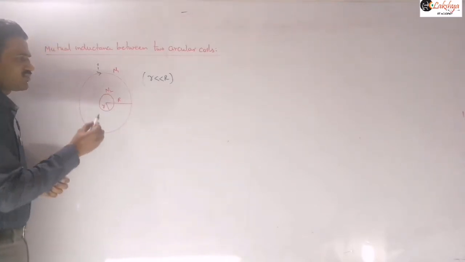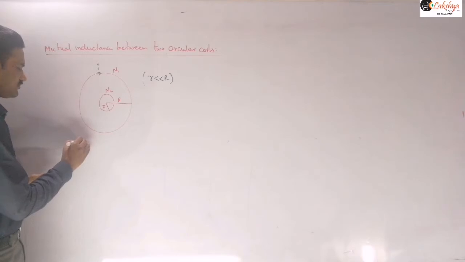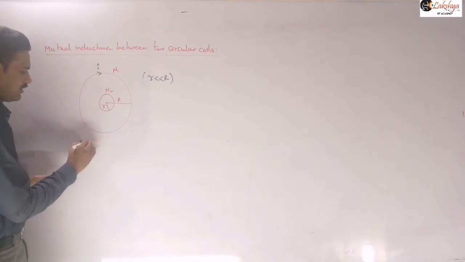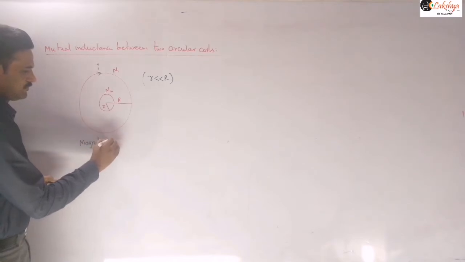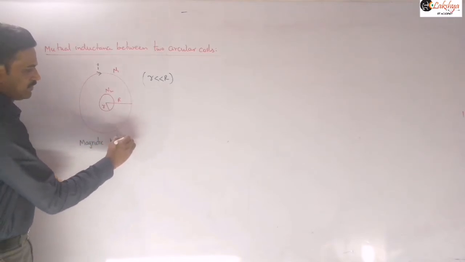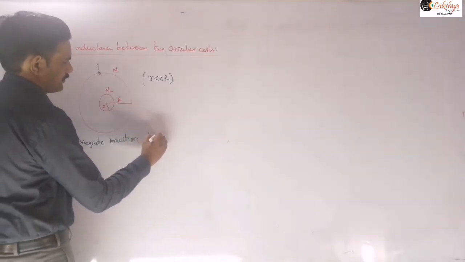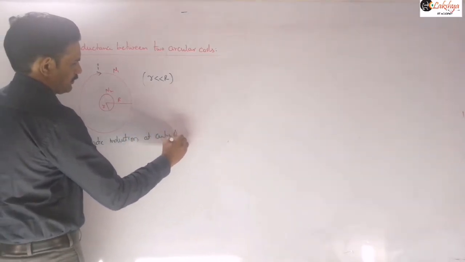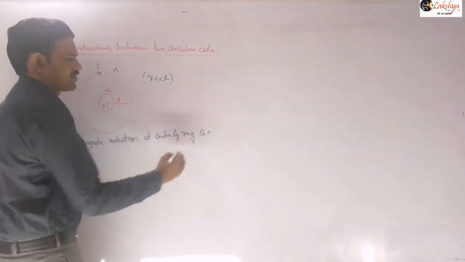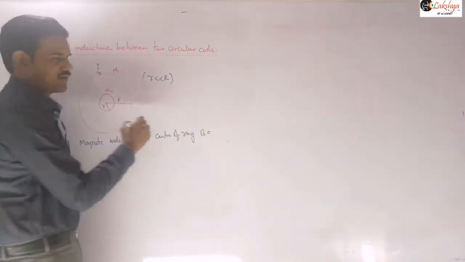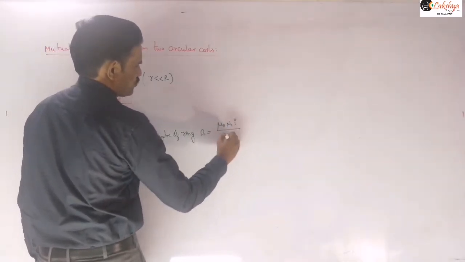For that flux we need to write the magnetic field produced by this outer coil. So the magnetic induction at the center of the ring, B, due to this outer coil, is equal to mu naught N1 into I by 2R.